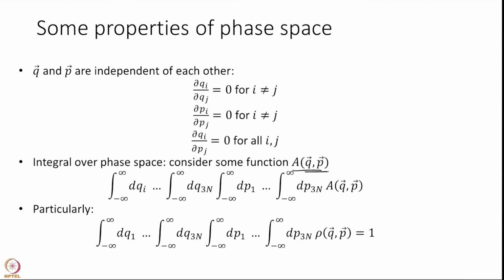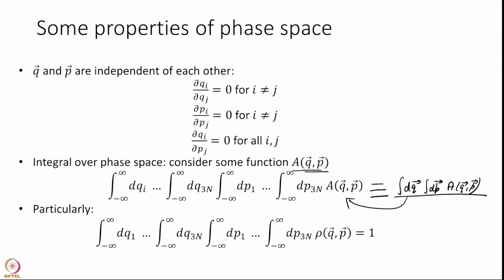Basically what we do is we integrate over each variable one by one over the entire range, which is minus infinity to plus infinity. Okay, so in short, the shorthand notation of this we will use is like this. So when I write this, this big integral is what I mean. Okay, so that is just a shorthand notation, nothing more.